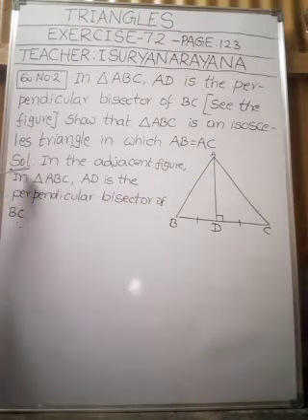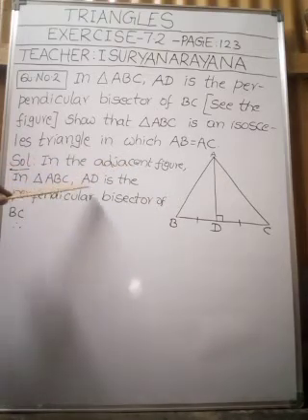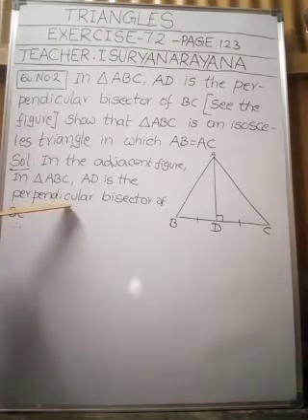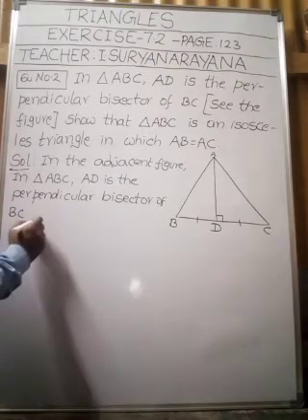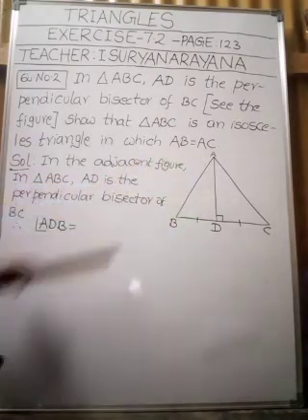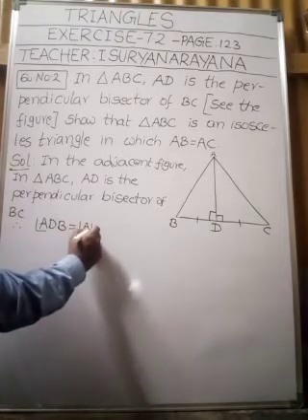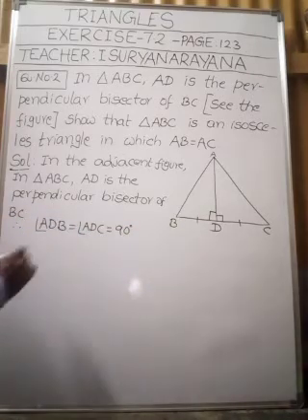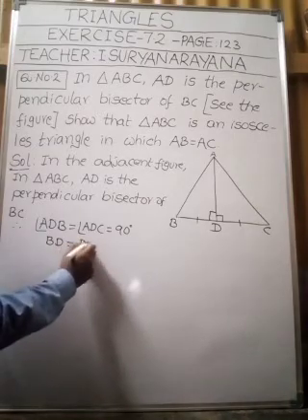Okay, my children. Come to the solution part. In the adjacent figure, in triangle ABC, AD is a perpendicular bisector of BC. So, with the help of this statement, we can write angle ADB is equal to angle ADC, that is 90 degrees, and BD is equal to DC.